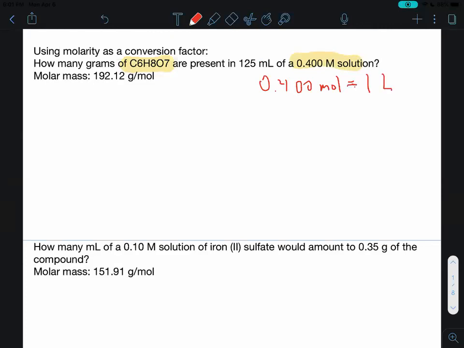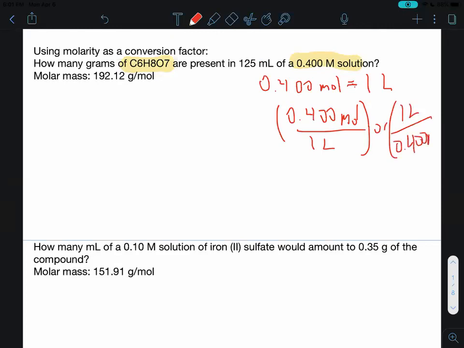So that means we could write it as conversion factor 0.400 moles in 1 liter, or we can flip it, 1 liter, 0.400 moles. All right, so from that equality, we can write those 2 different conversion factors.